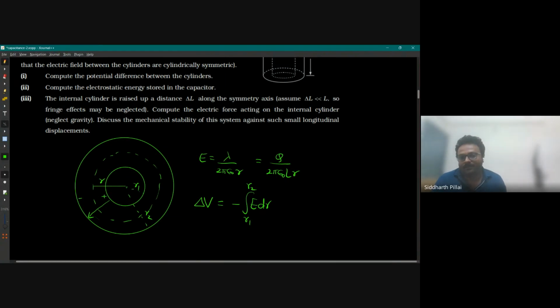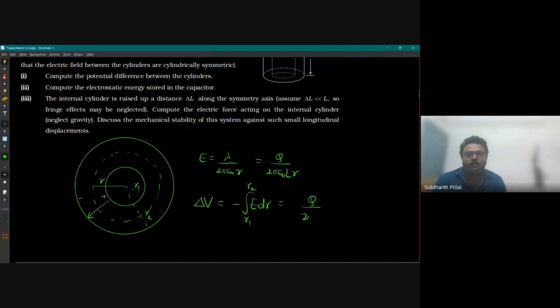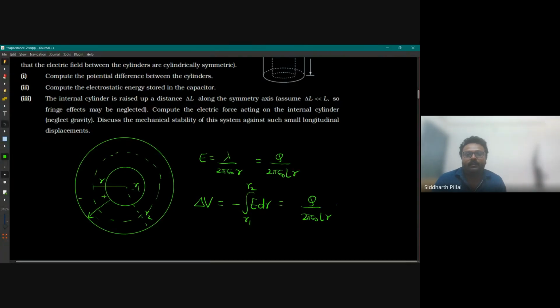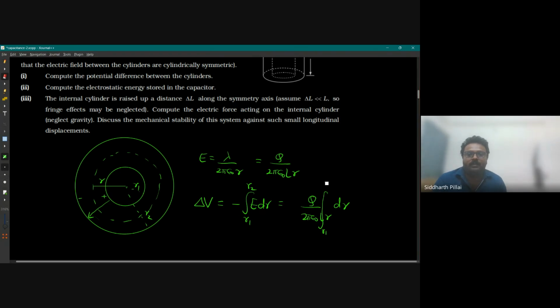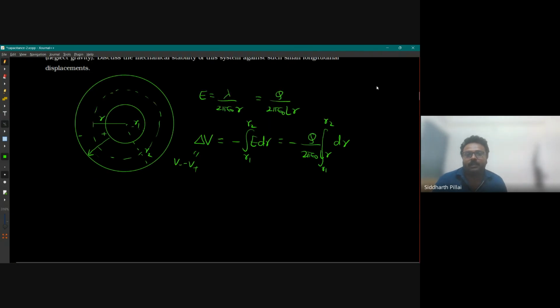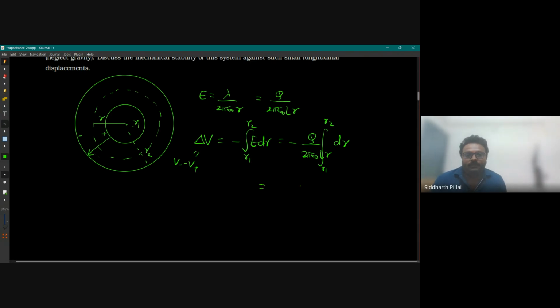So if you write it like this, you will get Q by 2 pi epsilon naught L R into dR. All these are constants, so I'll keep them outside the integral, R1 to R2. And minus will remain because we are doing V minus minus V plus. So what is this?